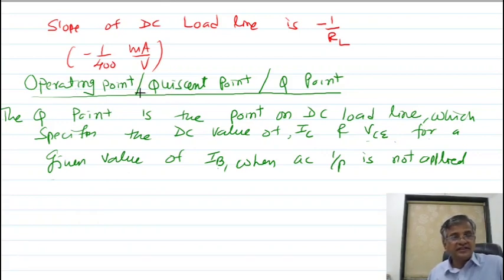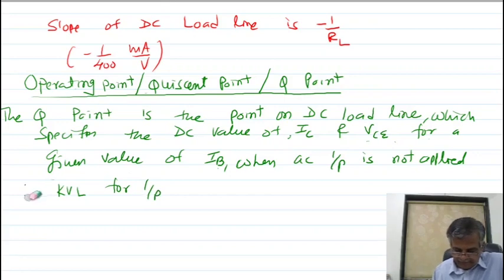So how to find this Q point or operating point? You can use Kirchhoff's second law for the input section. What is Kirchhoff's voltage law for the input section? VBB is equal to IBRB plus VBE.